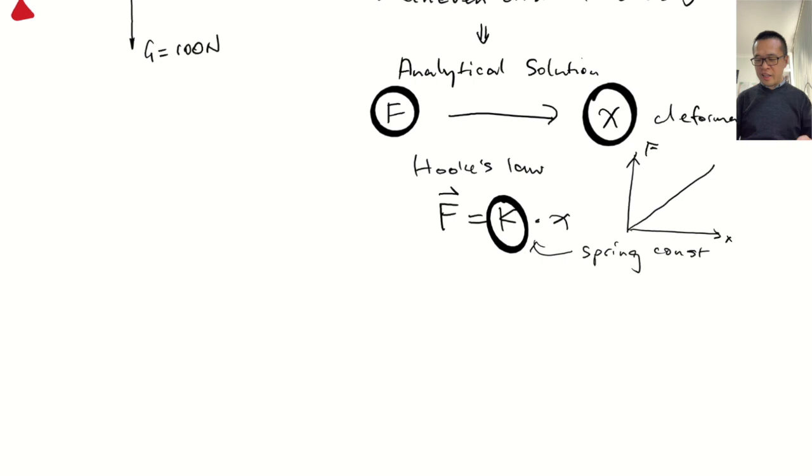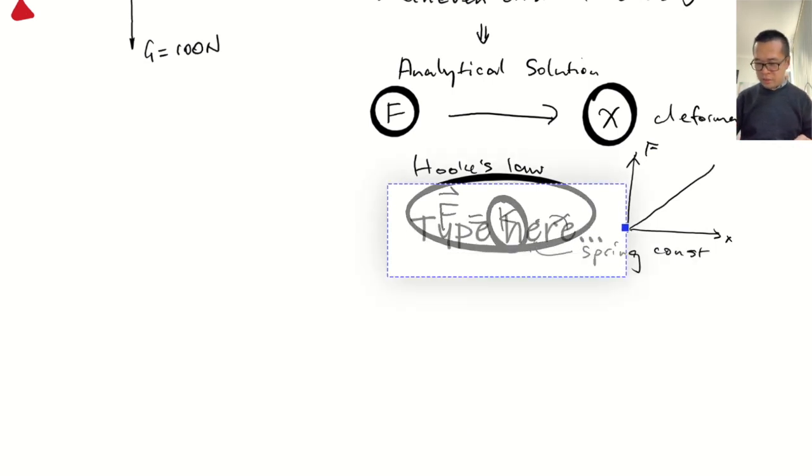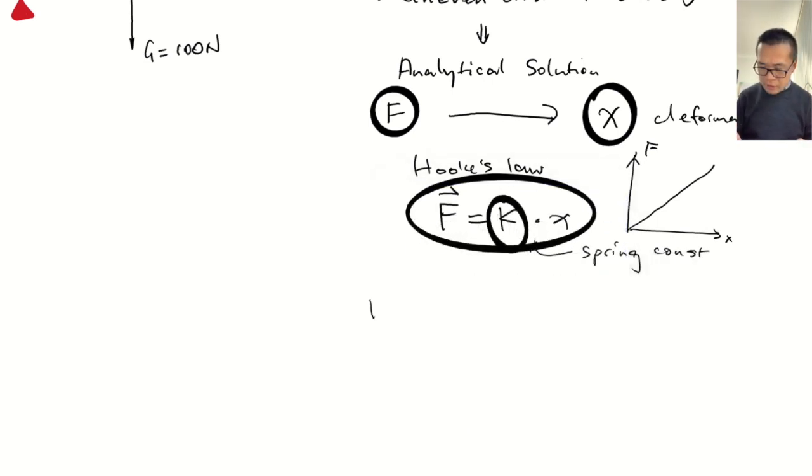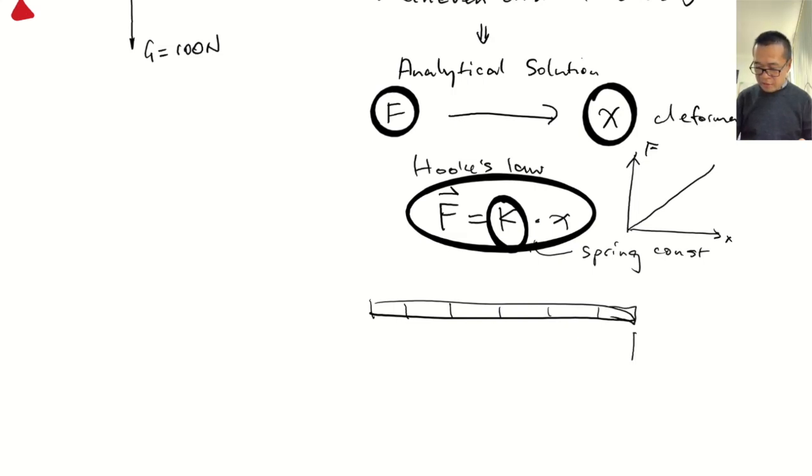Now, in finite element analysis, what we try to do is solve this kind of Hooke's law problem in a continuous body. So, for example, if I have a metal bar, I will actually divide it into different parts. And if I apply a load here, the whole thing is going to deform. But I can treat each individual part of this bar as a little spring.